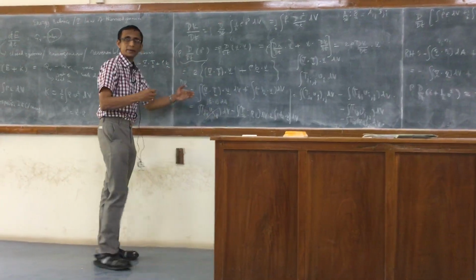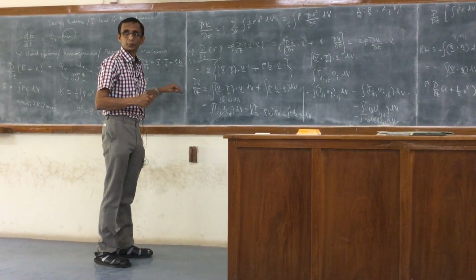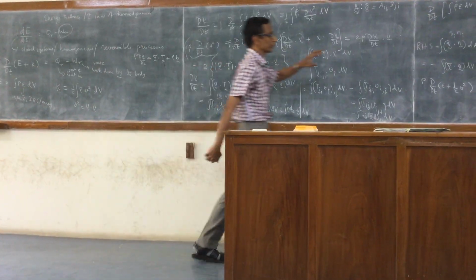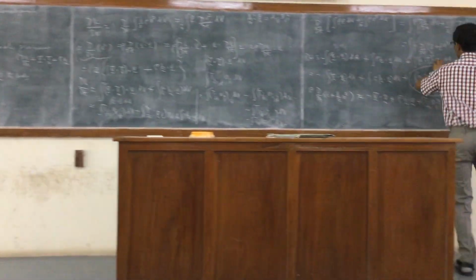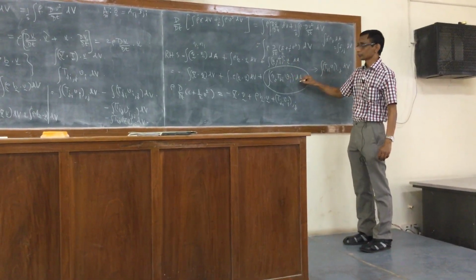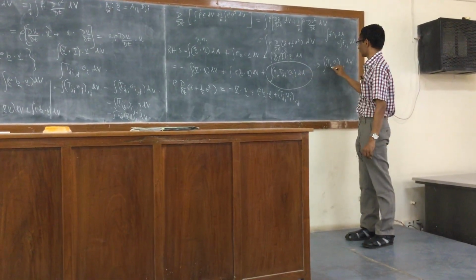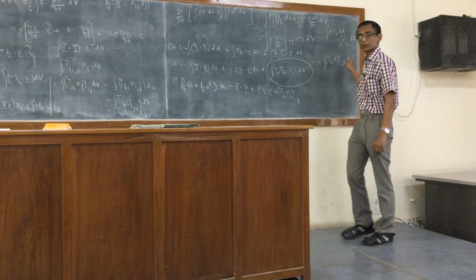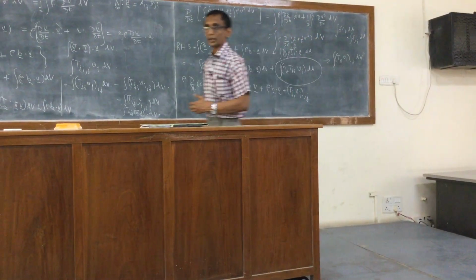So I don't want to go back to the whole procedure backwards to prove this, because I started out with T dotted with v, converted this to n dotted with T, and used the divergence theorem. I got exactly this dA_i, the whole thing, comma j dV.